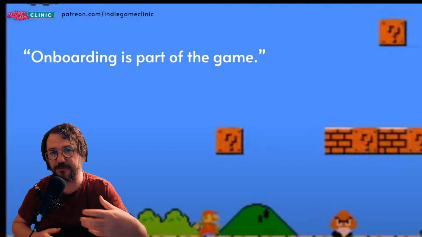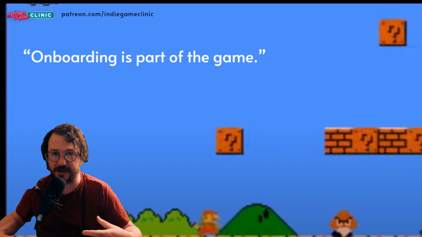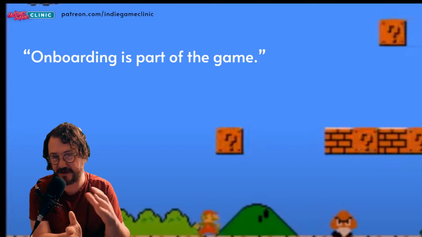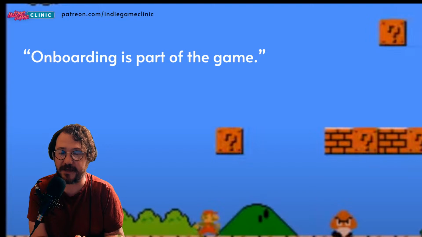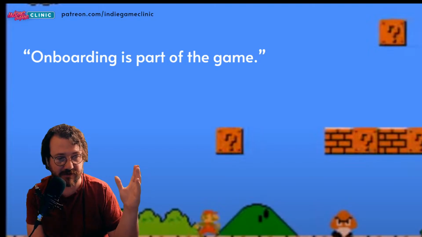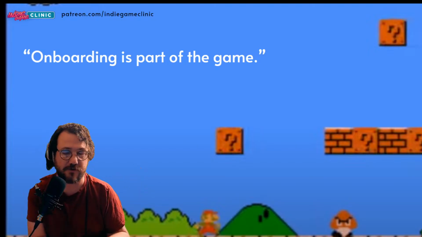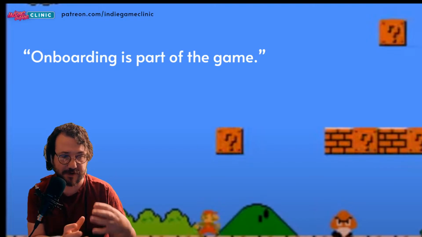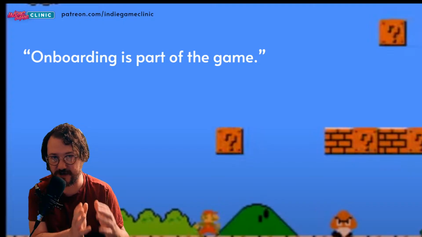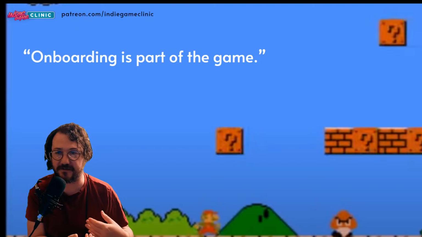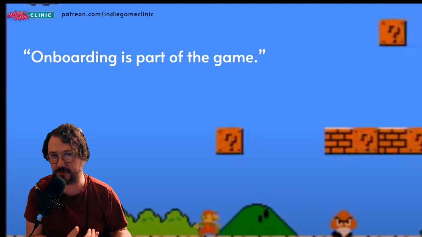So everything that comes before that is teaching the player to get them up to speed so that when they get to the middle of the game, the second act, whatever you want to call it, then they can really engage with what the game is meant to be. And that is one of the reasons why the Mario example gets used to teach this quite a lot. You may just need to come back to the game at the end and build early levels that are really easy, seem way too easy by your standard, that onboard players into the way of thinking that they're supposed to have in order to play the game.